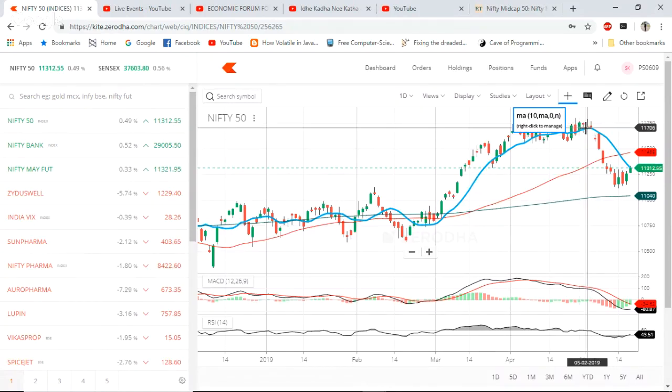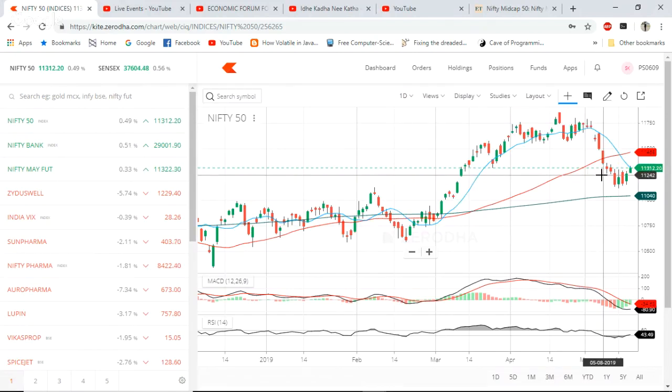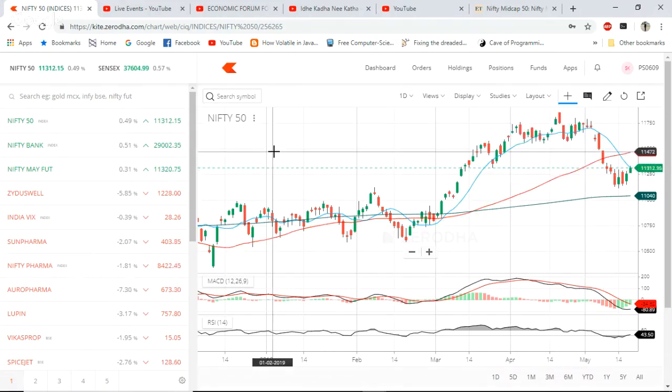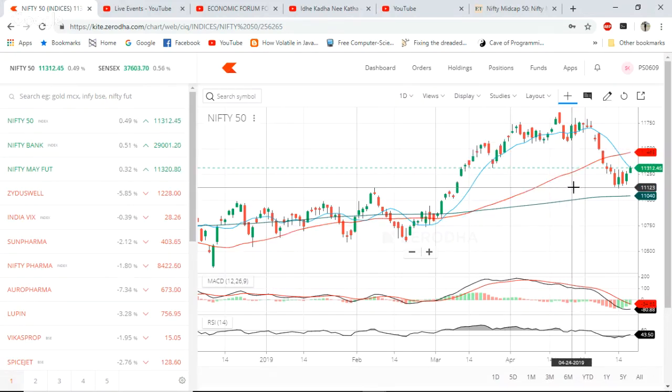Now, the important thing that you need to know whenever there is an event: here, the elections are an event which comes once in 5 years. So this is not a small event by any stretch of imagination. Whenever you have an event, the first thing you need to know is that the market always positions itself according to one set of results that it is expecting.